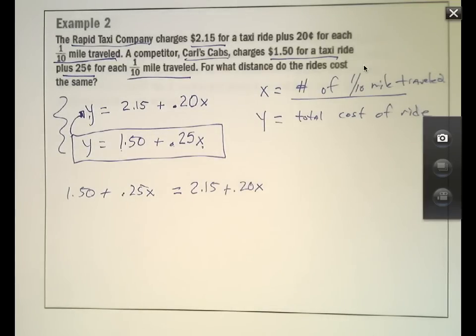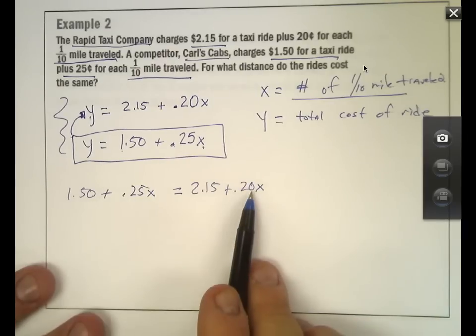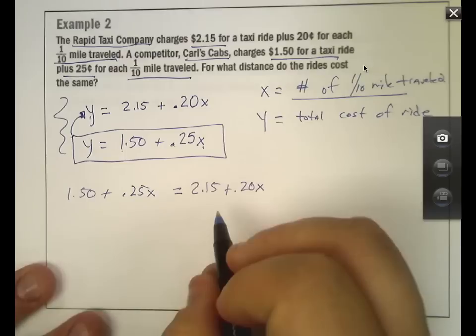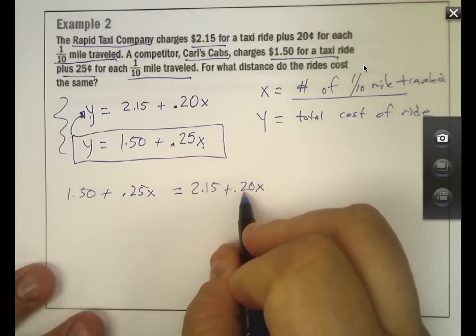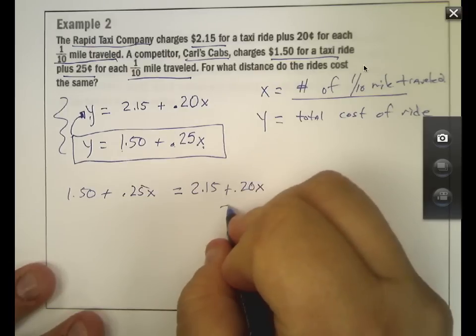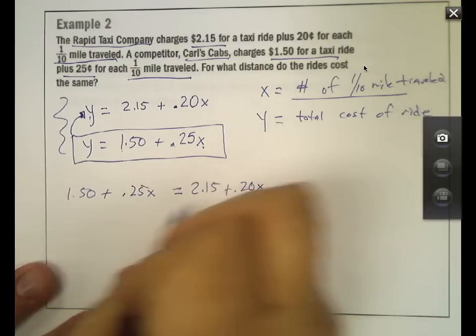Okay. Now, once again, we're back to our regular algebra. Get your x's to one side, get your numbers to the other side. So, I'm going to move my x over here to the left. So the inverse of adding 0.20x is subtracting 0.20x.